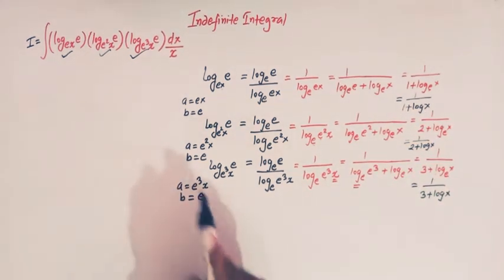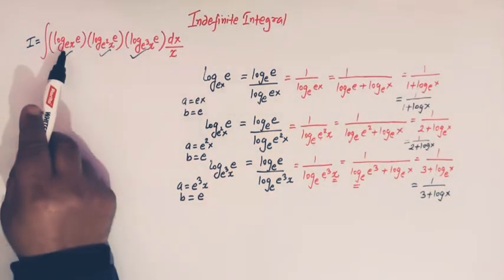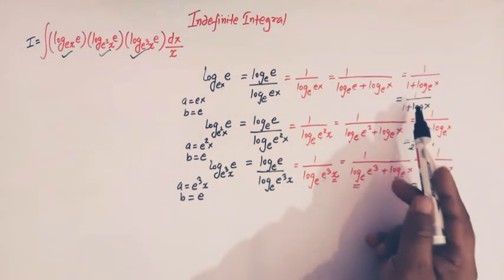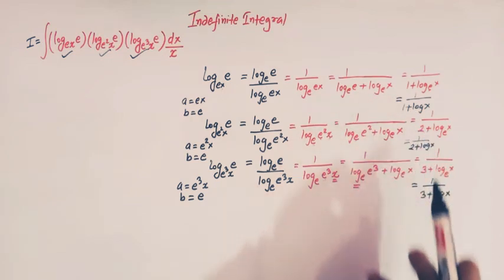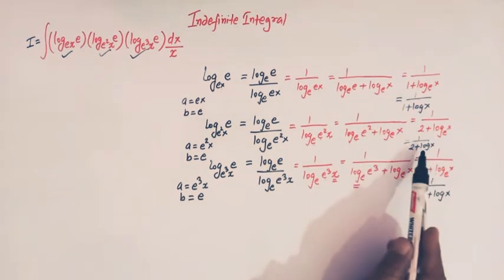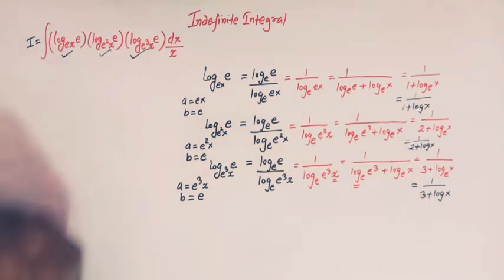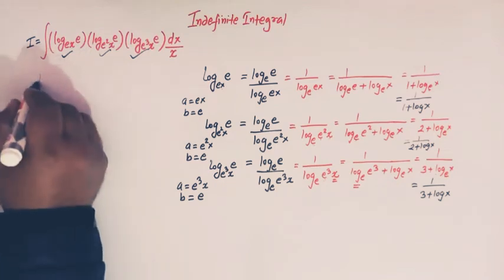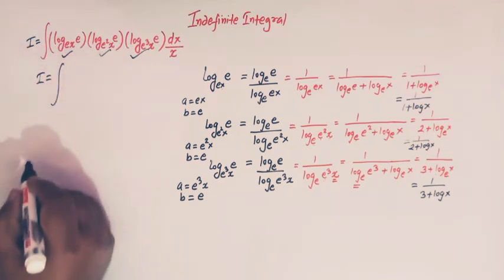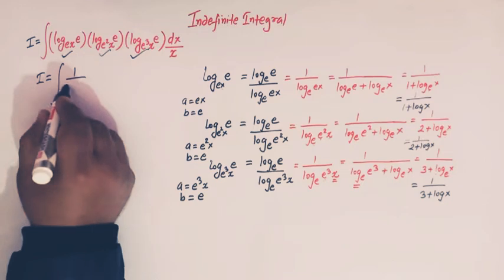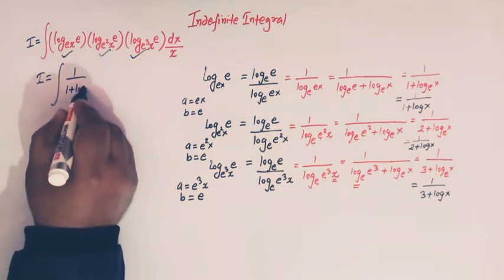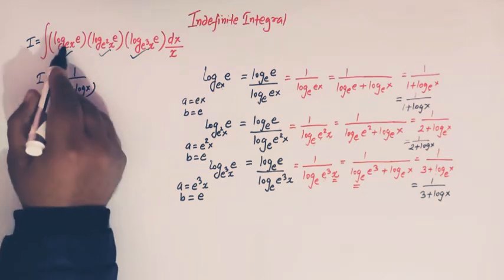So now once we have expressed these three terms like this, let us substitute these values over here, right? So now our integral I takes the form 1 over 1 plus log x for this term.